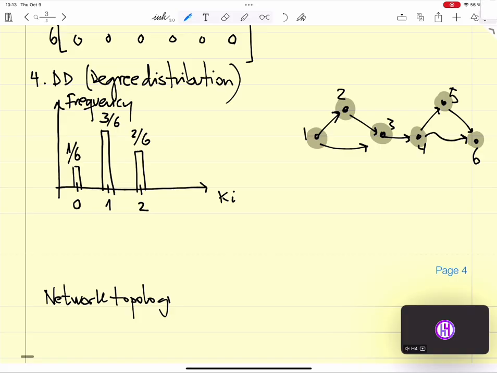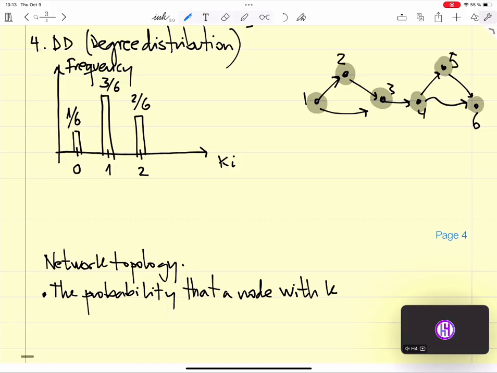Okay, so the probability that a node with k neighbors attaches... a good way to visualize this is like a Facebook network, or a friendship network, or Twitter network, or Insta, whatever.